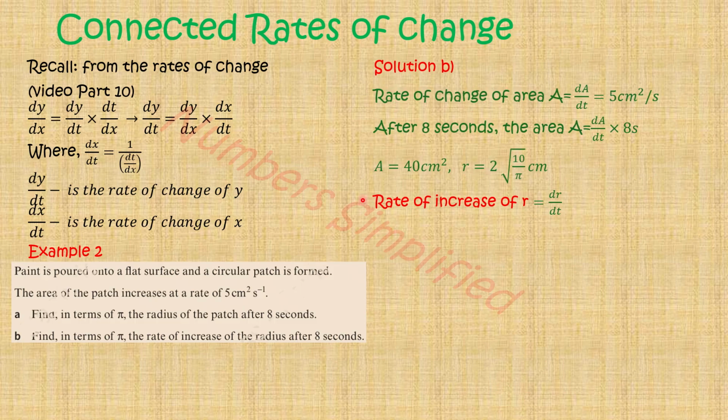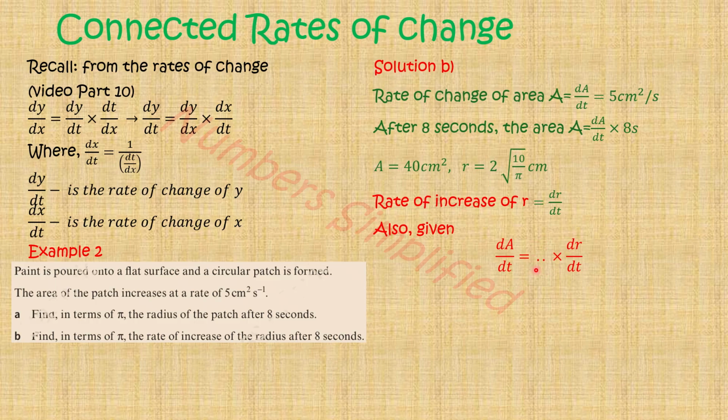Moving on to part B, the rate of increase of r, we know that would be given by dr/dt. Since we are also given dA/dt, we are going to find the missing part. We know that dr/dt is something we are looking for, and we are going to multiply that in order to get dA/dt.